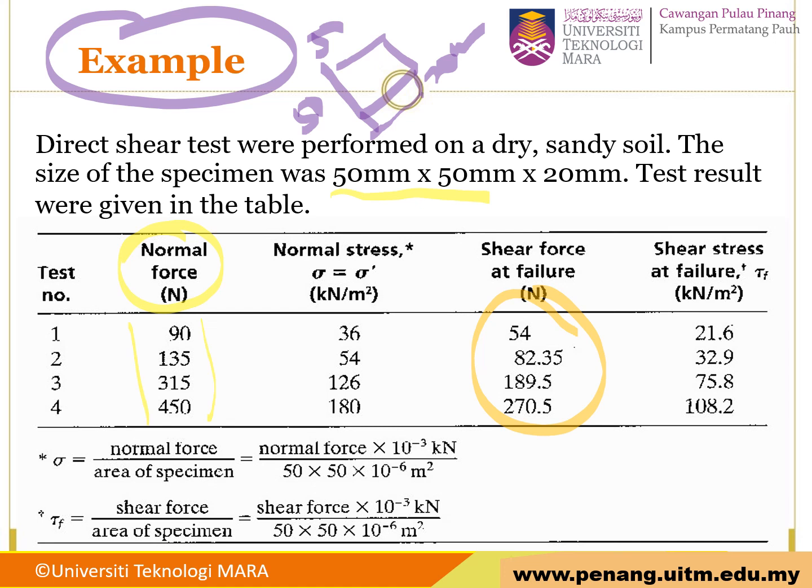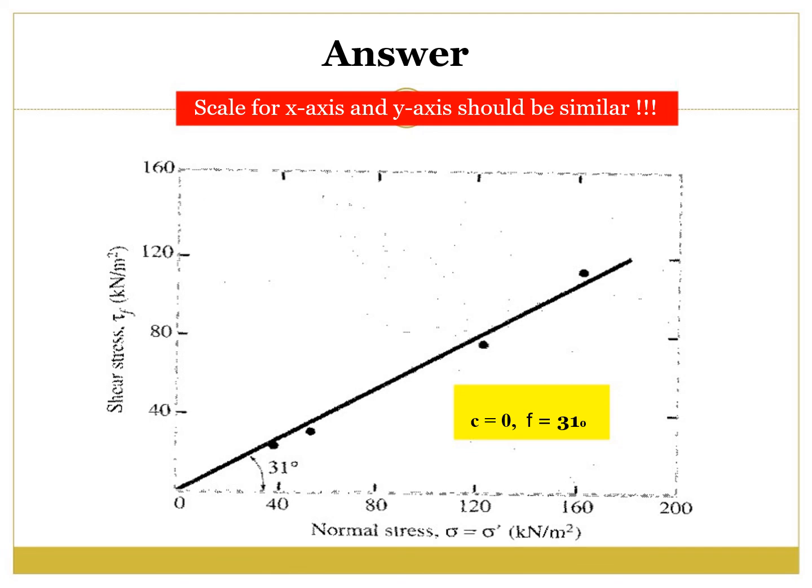Alright, so this is an example. You may refer to the example here. This one is for normal stress, and this one is for shear stress. And then after that, you have to plot shear stress versus normal stress. For example, you get 1, 2, 3, 4 points.